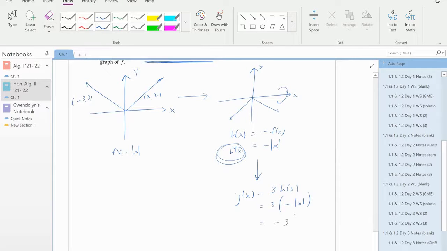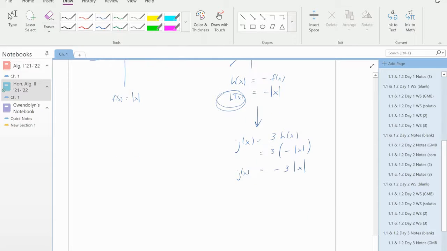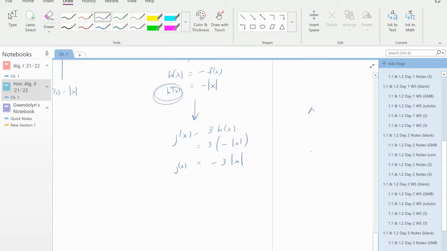So now we're to here. Okay, and if you graphed it, that would just make that absolute value not rise this time around because we're going down because we already flipped it, lower a lot quicker, so it'd make it skinnier.